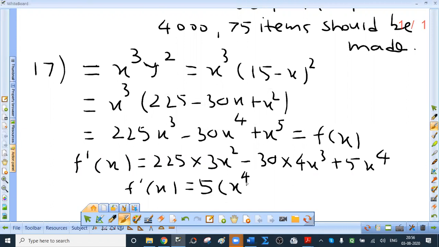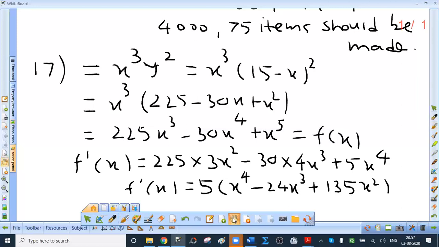So in bracket I will write highest degree term first, x raised to 4 minus 24x cube plus what? Is this correct? So x raised to 4 minus 24x cube plus 135x square. Yes. This is f dash of x.